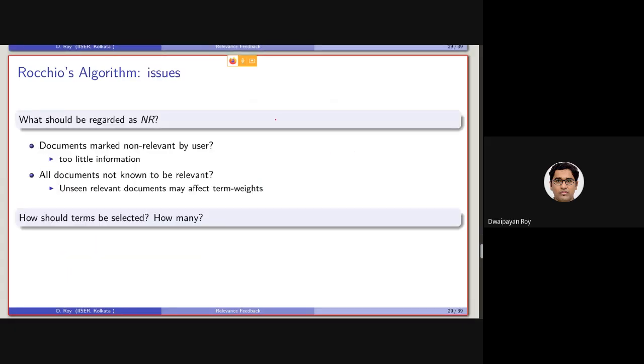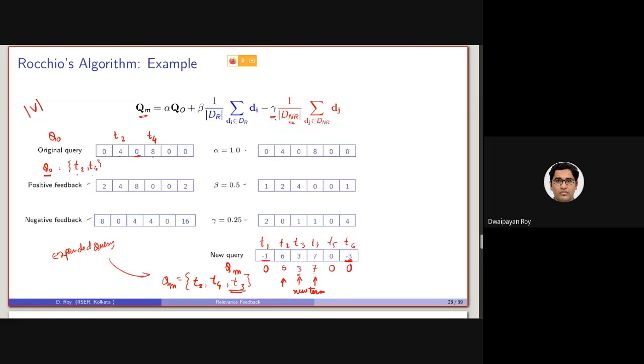The next question is, how should the terms be selected, and how many new terms will be selected? As we have seen in this example, for this small 6-term vocabulary, we are adding one term.